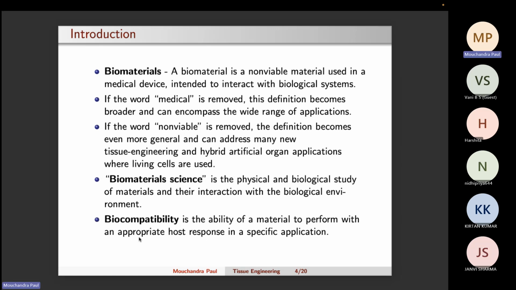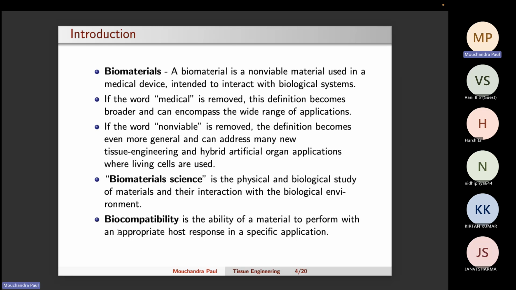Now, another very important term that you will often find in literature is biocompatibility. We usually use this term in our discussions, but it has a particular meaning. It means the material that is chosen is giving the appropriate host response.